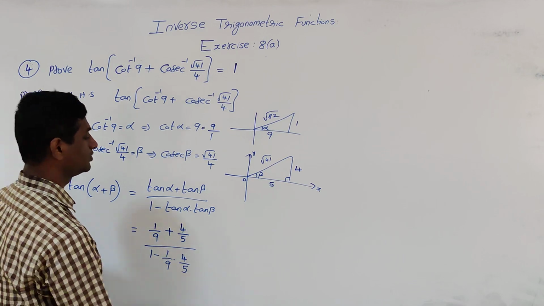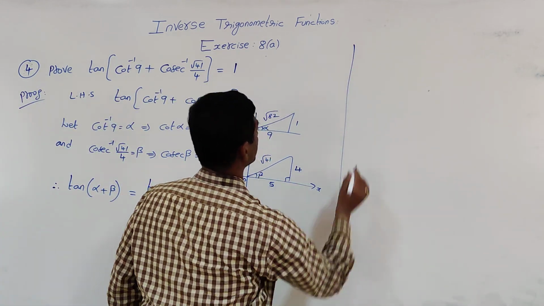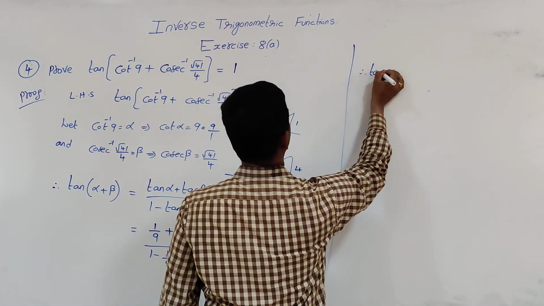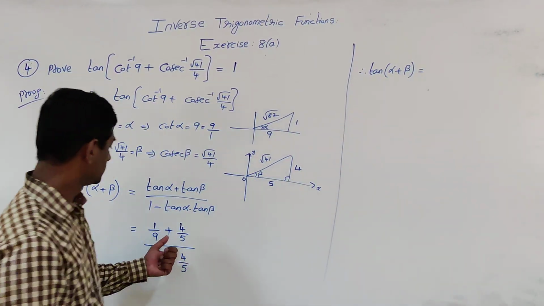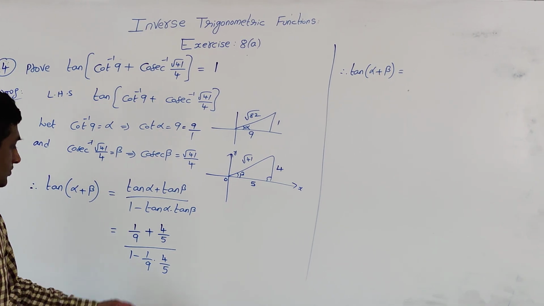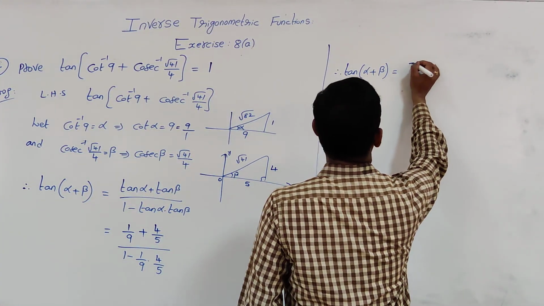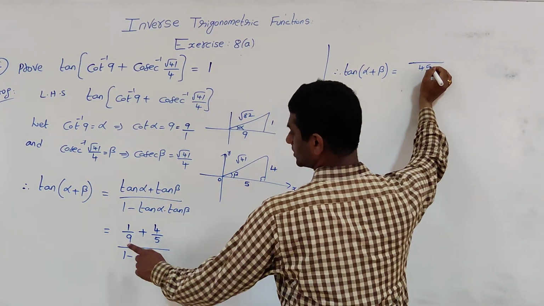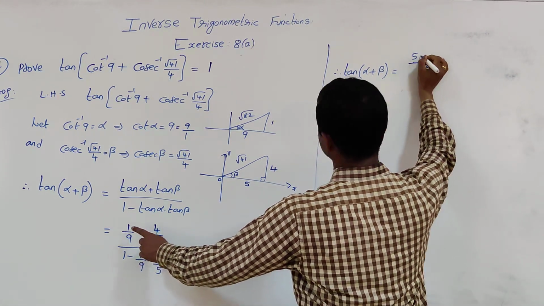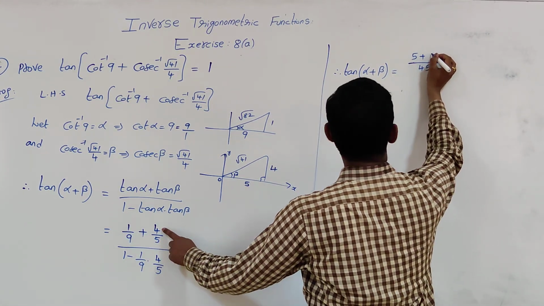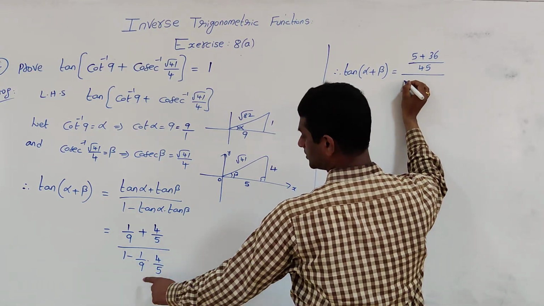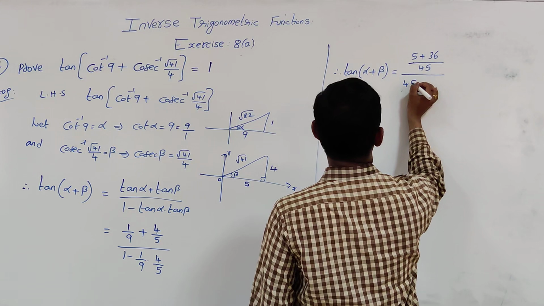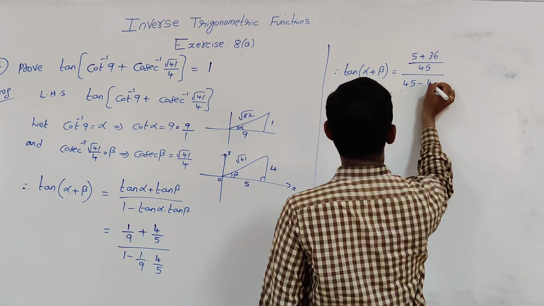So the LCM is 45 in both the numerator as well as the denominator. Therefore tan of alpha plus beta is equal to 5 plus 36 by 45, over 45 minus 4 by 45.